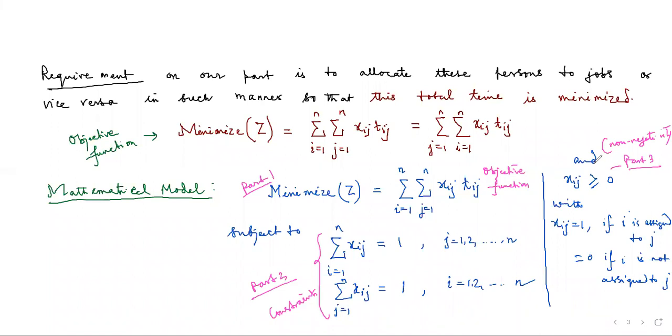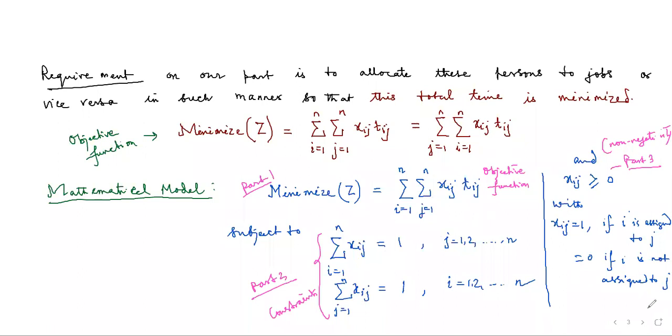Or if you are asked to do so, how can you perform it where the number of constraints is so large? Total number of constraints here: you have got n equations here and n equations here, so you have got twice n equations. And how many variables have you got? In total you have got n variables.